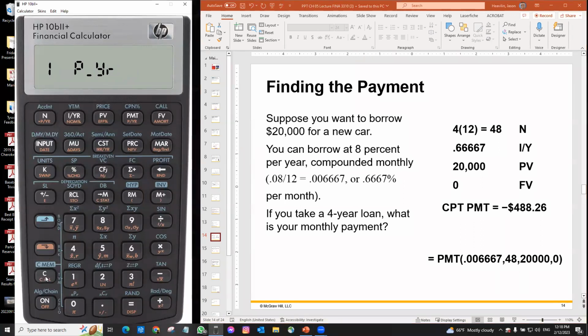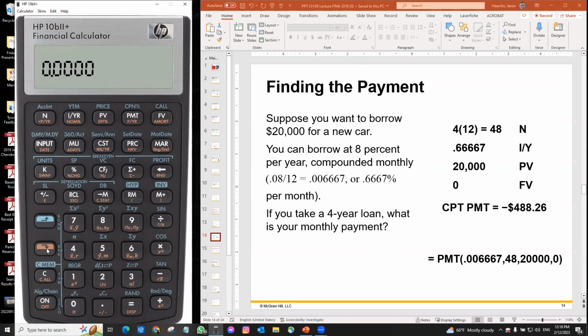First, I'm going to clear it all. Now, because this is about the monthly payment, we then need to know how much it compounds per year. So monthly payments, there's 12 months in a year. So there's 12 a year.